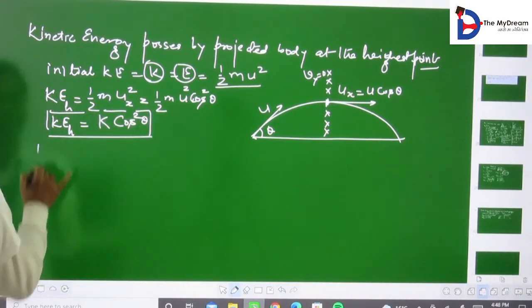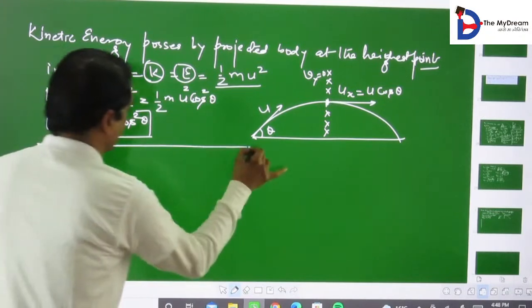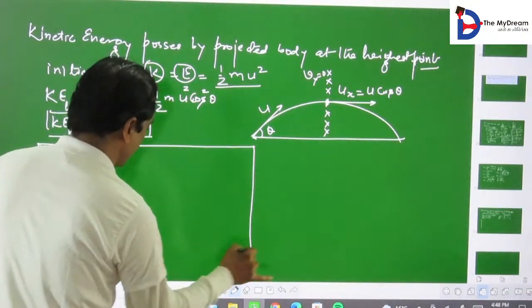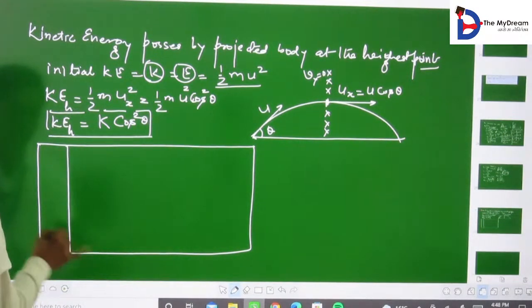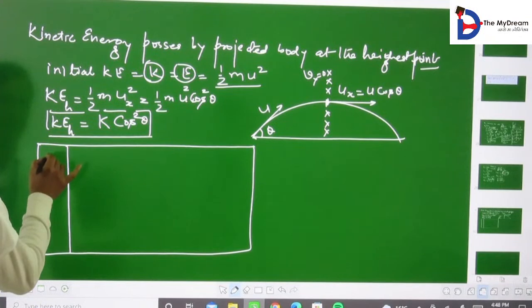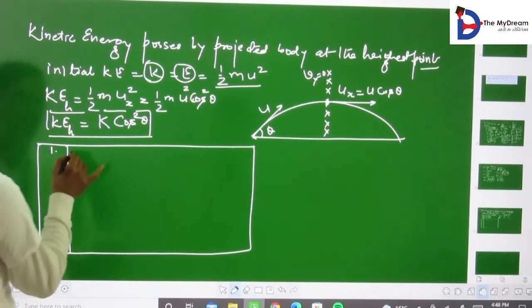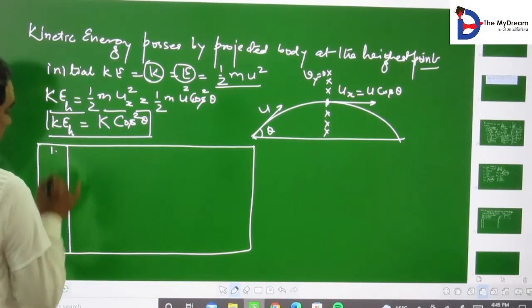Now see this chart. Serial number 1, if theta is equal to 0 degree.